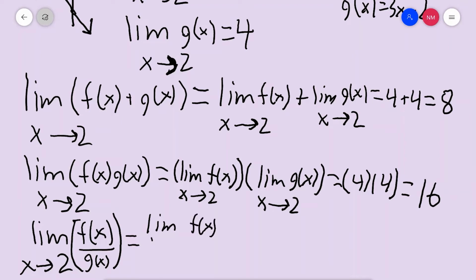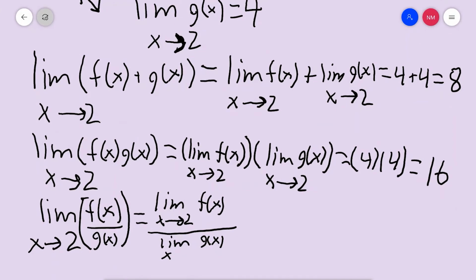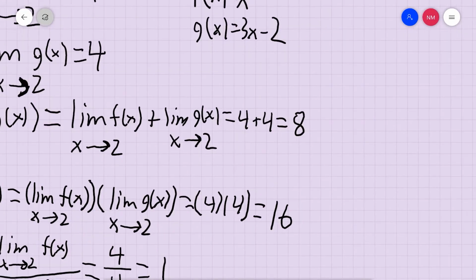So on the top, we'll have the limit of f of x as x approaches 2. And on the bottom, we'll have the limit of g of x as x approaches 2. So that would be 4 over 4, and it will just be 1.